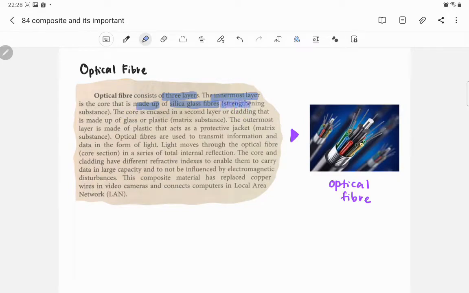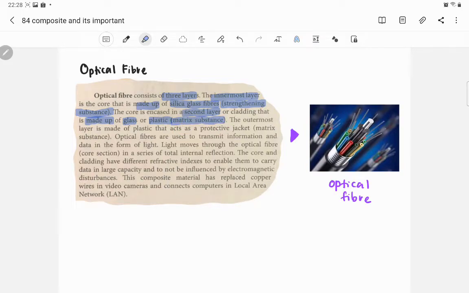The core is encased in a second layer, or cladding, made up of glass or plastic, which is the matrix substance.